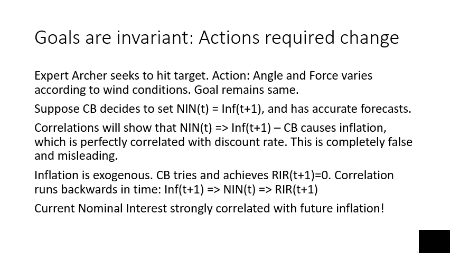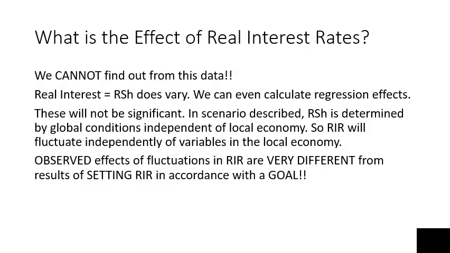So the correlation structure shows a picture which is dramatically different from the underlying causal structure. Another important aspect of this is that we cannot find out the effects of real interest rates from this data because the central bank is actually trying to hold them to zero. Now, actually, in the data, the real interest rate will fluctuate because it's the random shock that will determine it. But this fluctuation will have nothing to do with the domestic variables.